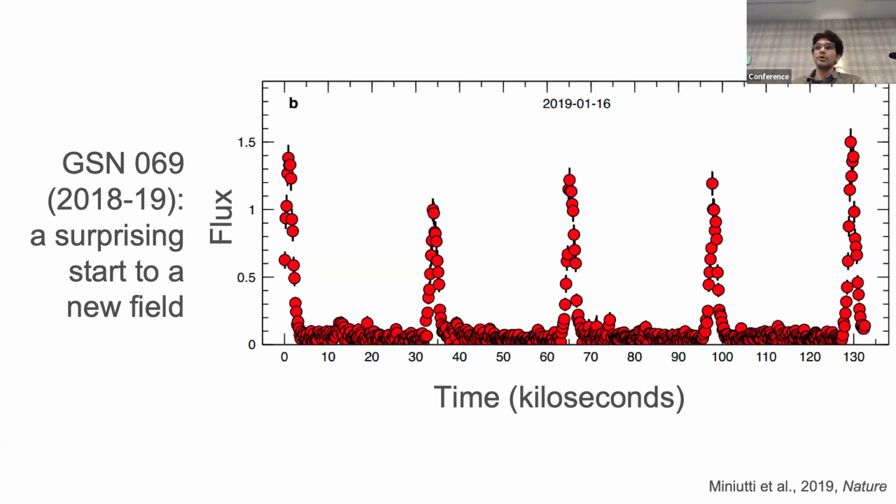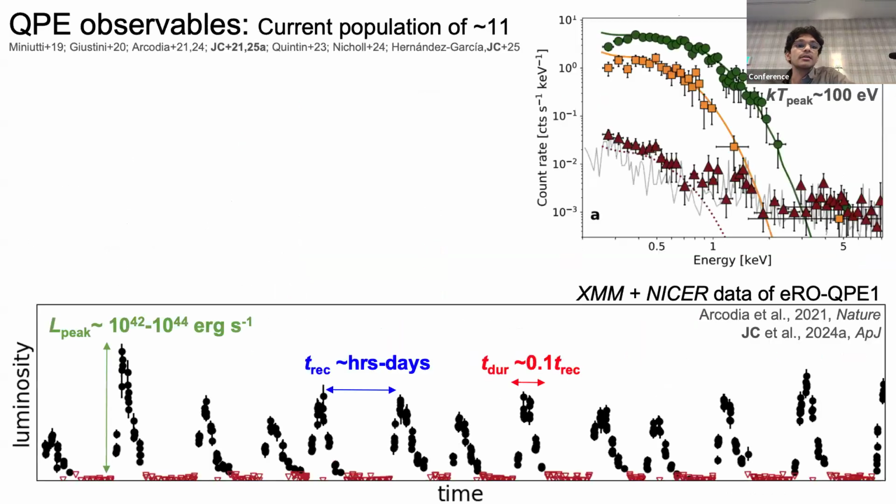This birthed the field of QPEs, and it was an amazing serendipitous discovery. Since then, astronomers have been hard at work trying to flesh out observations of QPEs and converge towards a theoretical understanding of what powers this phenomenon.